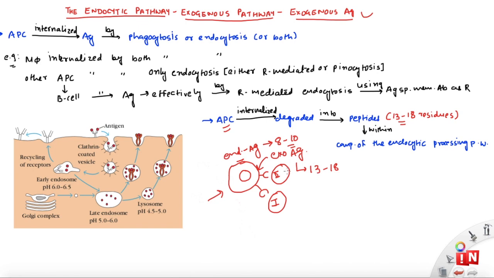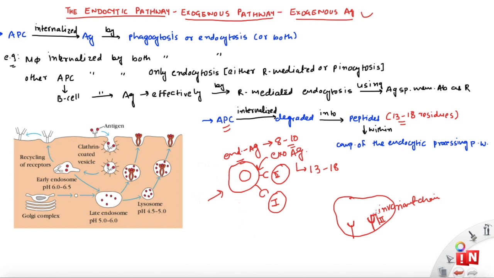Now how does this help? In the endoplasmic reticulum, the MHC class II binding cleft, where the antigen or the peptide binds, is always physically blocked or occupied by something known as the invariant chain.